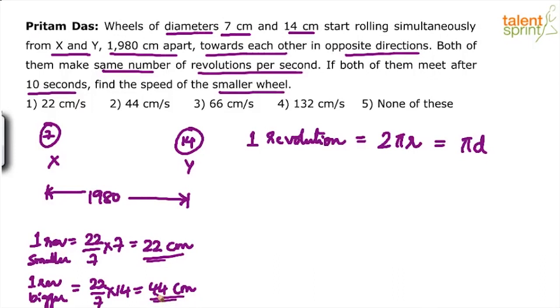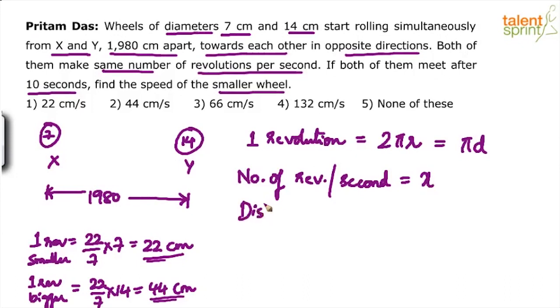Now, how many times will they rotate per second? That is not known to us. What is known to us is both of them make the same number of revolutions per second. Let us assume that the number of revolutions per second is x.